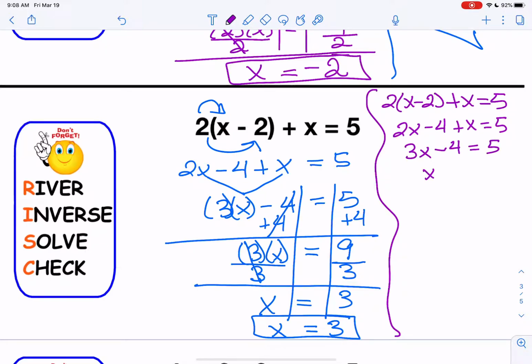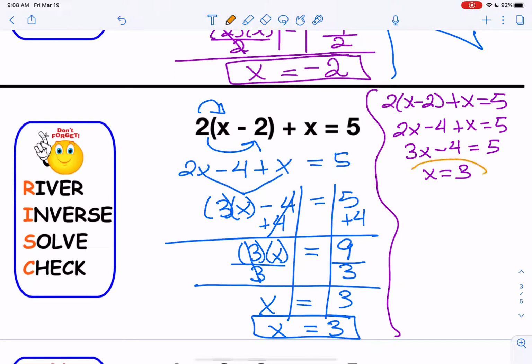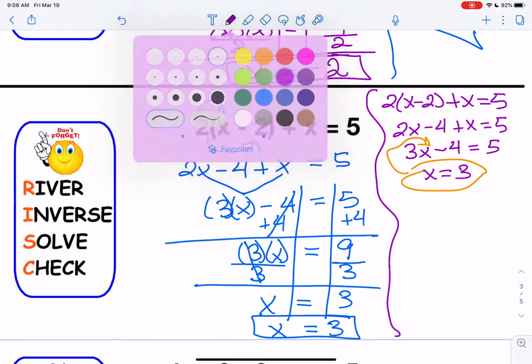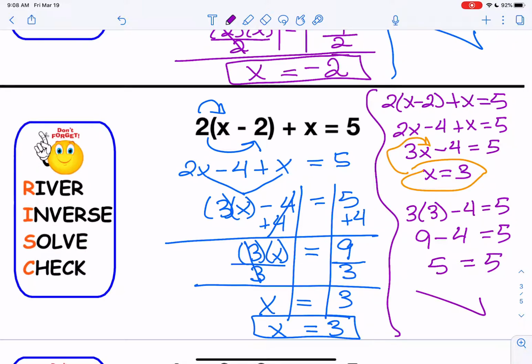Now, x equals 3. So I can plug that in for x and see, does it work? 3 times 3 minus 4, does that equal 5? Well, 3 times 3 is 9, and 9 minus 4 does equal 5, so yes, it works.